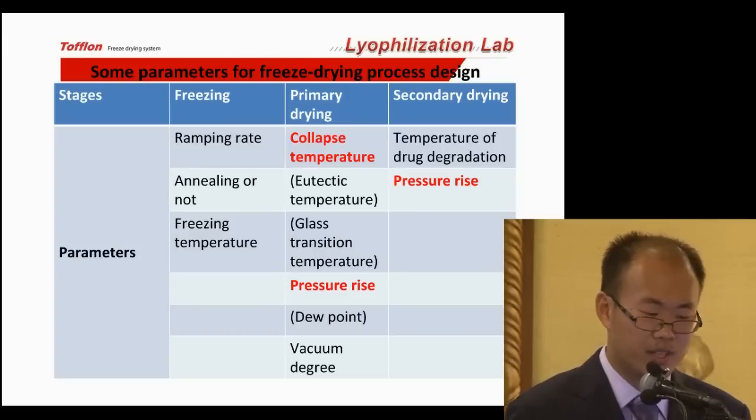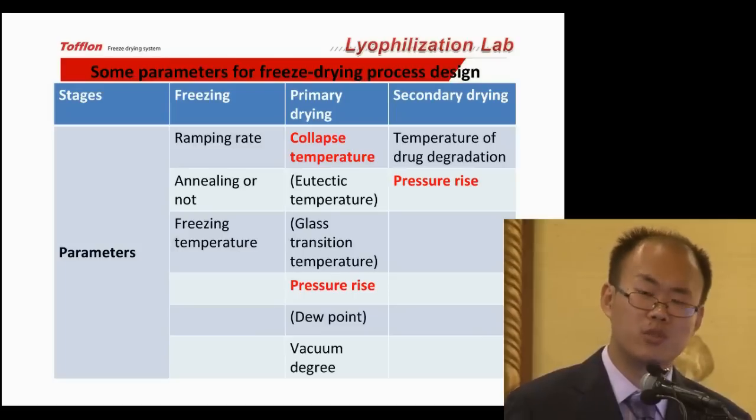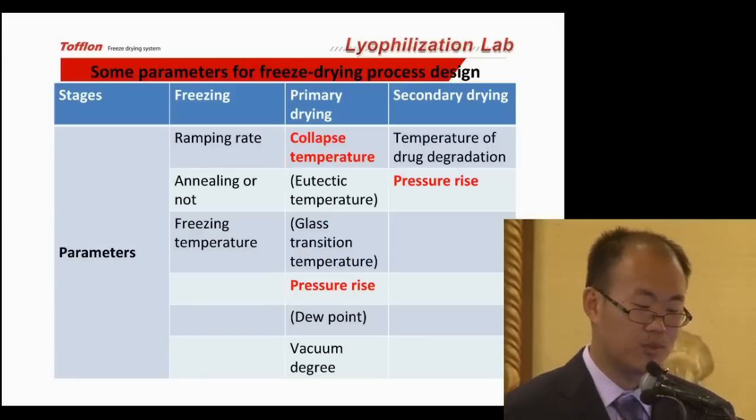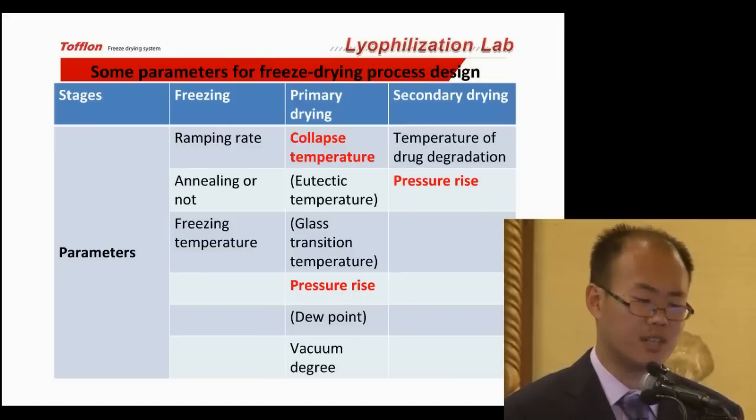In the secondary drying, there is also the temperature of drug degradation. In the secondary drying, we increase the temperature to a high value that the drug can endure. Also, the pressure rise has the same effect as in the primary drying.